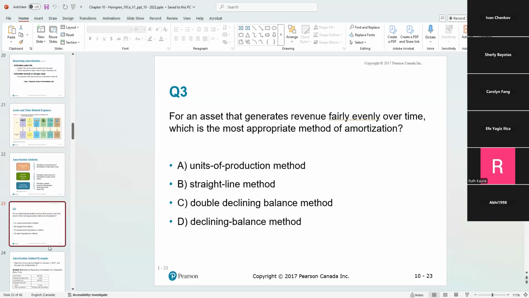That will determine which method we should use. Are we going to use the straight line method? Are we going to use the unit of production method? Are we going to use the double declining method? But yes, you're right. If the revenue is fairly even over time, we're trying to match that by making the amortization fairly even over time, and the method that gives you that option is the straight line method.